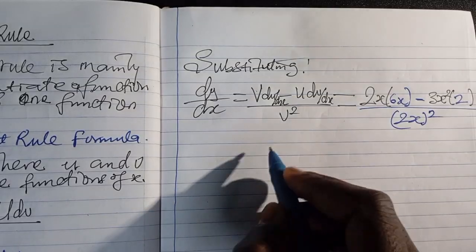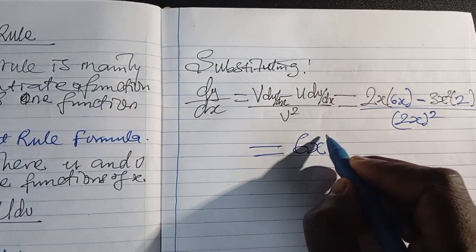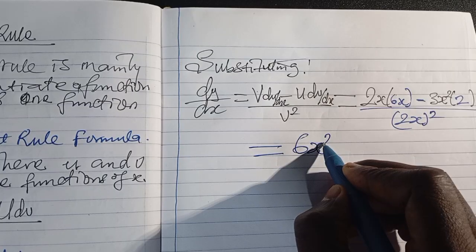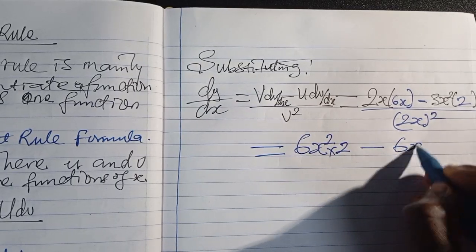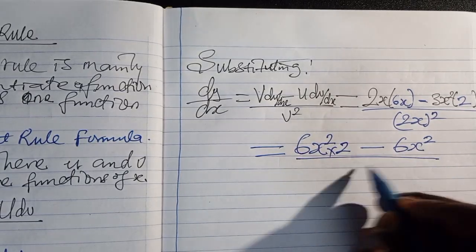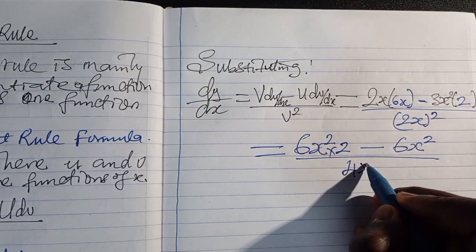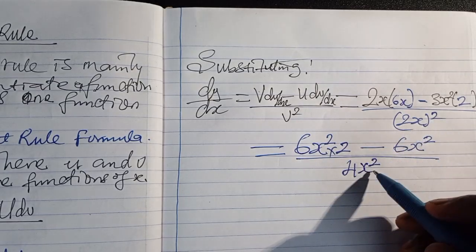So let's simplify further. I can have 6x raised to power 2 times 2, minus 6x raised to power 2, all divided by 4x raised to power 2, because 2 raised to power 2 is 4 and x raised to power 2 is x squared.